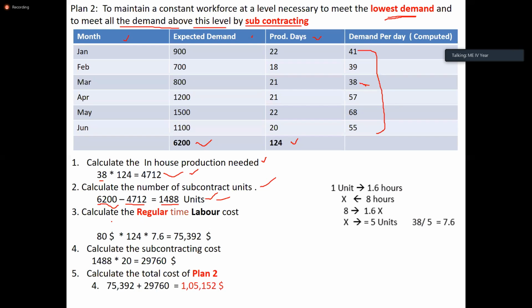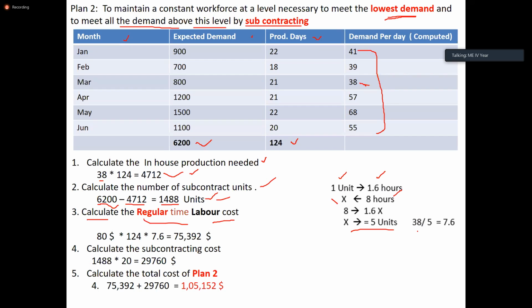Now calculate the regular time labor cost. In this step you can see from the question, to make one unit we need 1.6 hours. For 8 hours, how many parts can we make? From the last explanation we got 5 units.